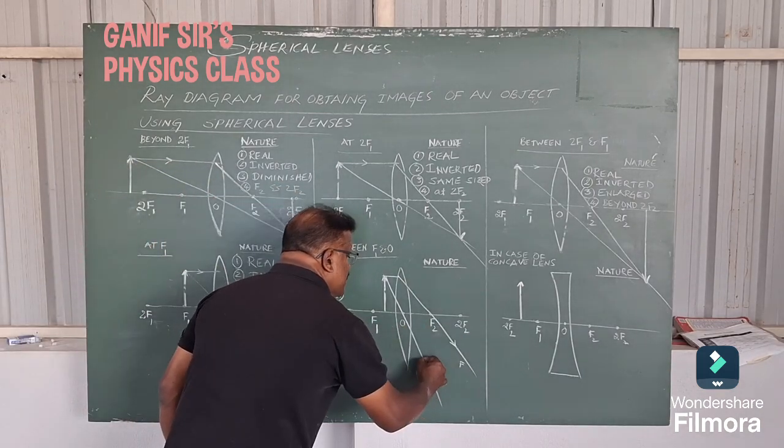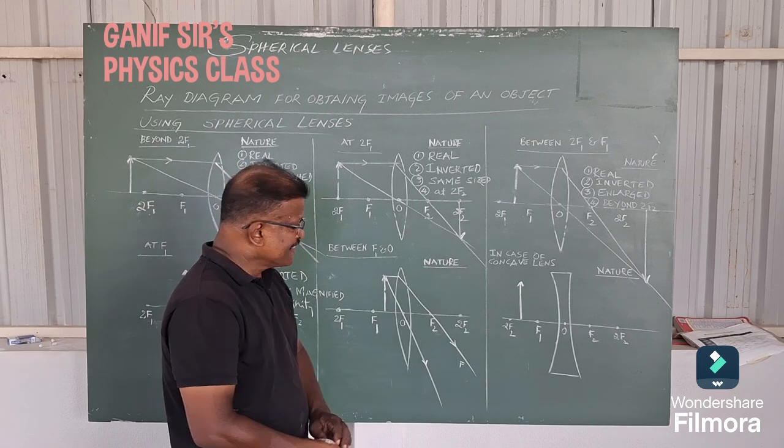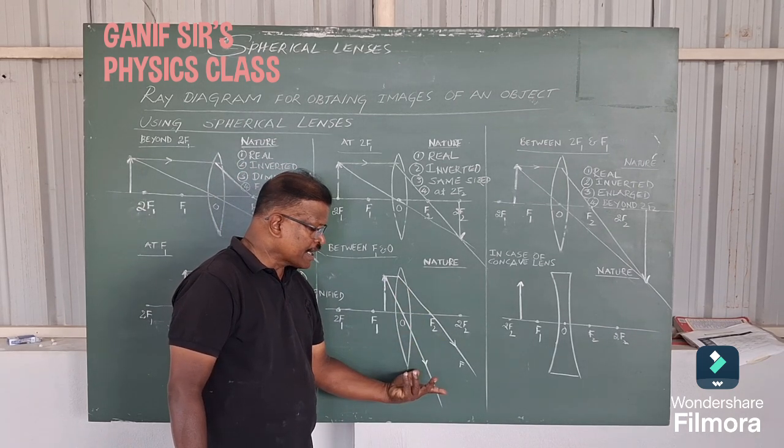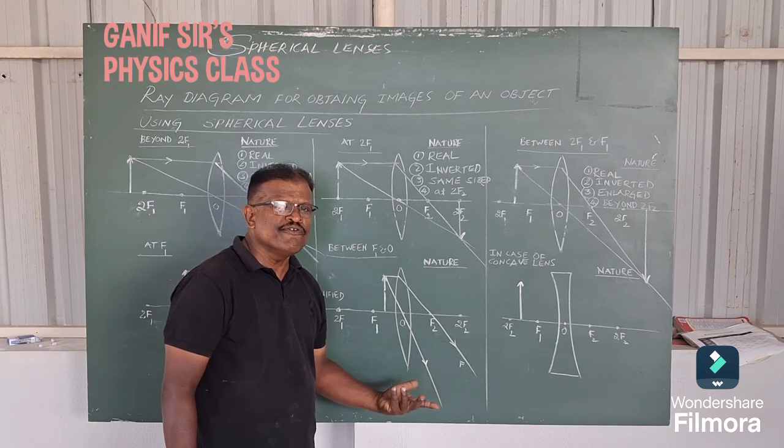These two refracted rays, of course, never meet at all. They never meet, so can you imagine that an image is formed?